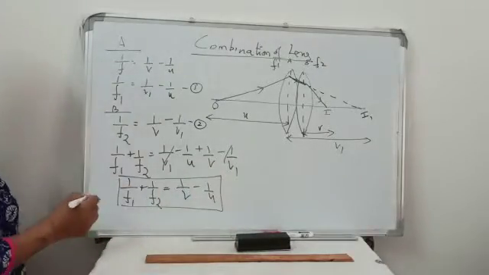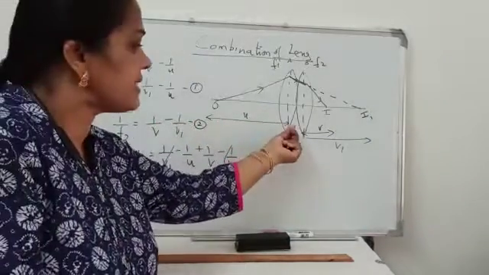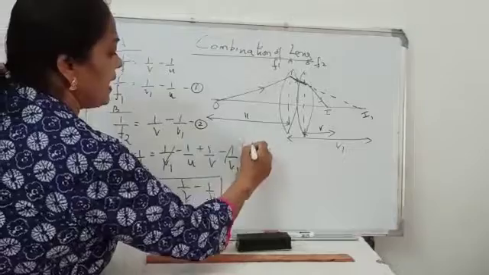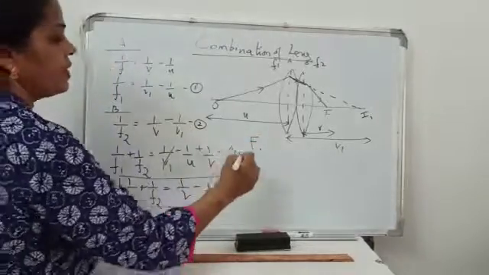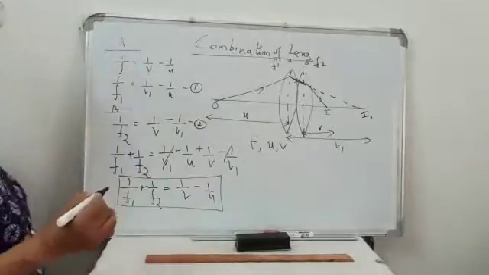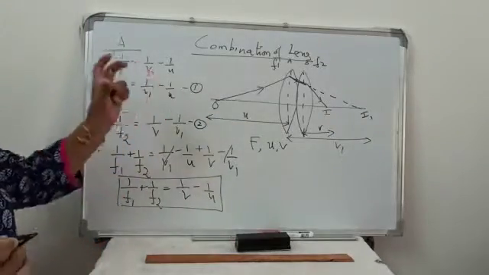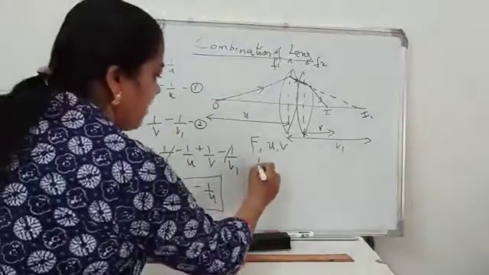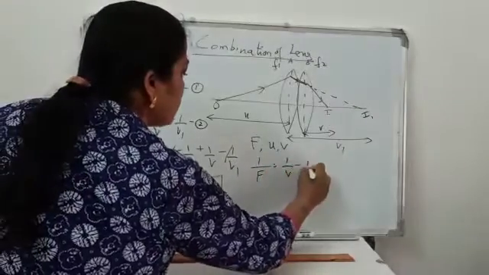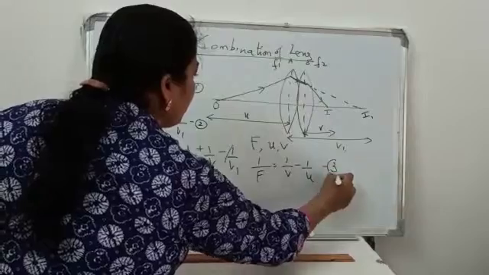Suppose we consider that the two lenses can be considered to be a single lens of equivalent focal length f. u is the object distance and v is the image distance. Then for such an equivalent lens, we can write 1 by f equal to 1 by v minus 1 by u.